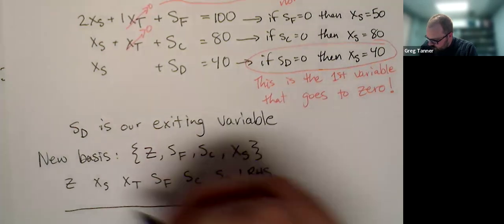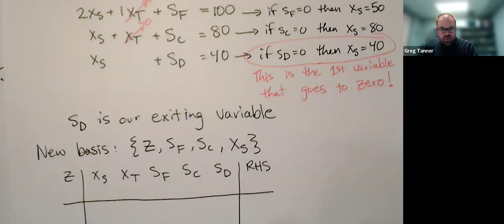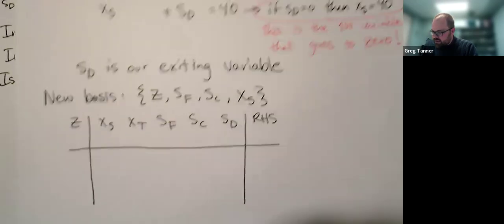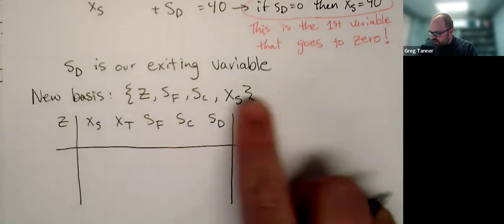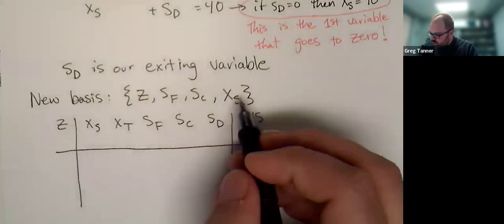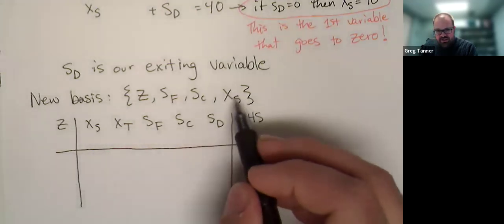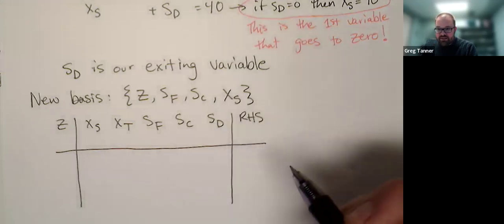Objective row, draw some lines in there. Okay. So what we want for this to happen is, we want xs to enter our basis, and it's entering in the place of sd.